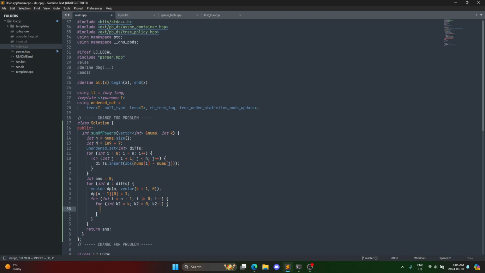What's the maximum number of different minimum differences? It's like differences possible.